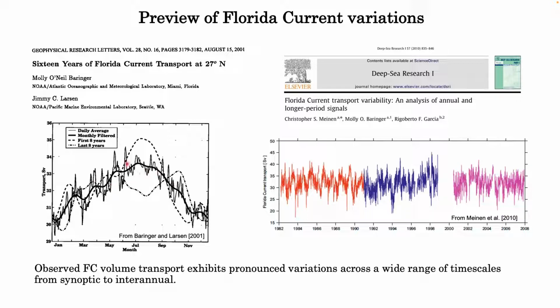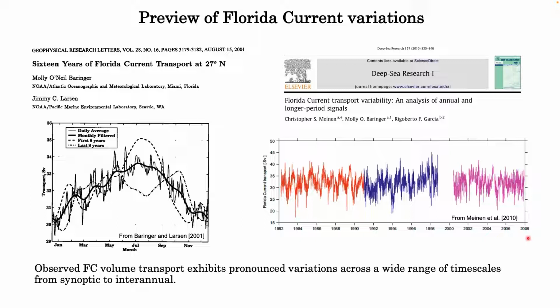And this plot also shows that the current is rich in synoptic, higher frequency, subseasonal variation, and so on, as you can see from this plot. A follow-up paper from Meinen et al., a very nice one, 2010, using a longer data set, also shares some similar conclusions, including the interannual variation of the Florida Current.